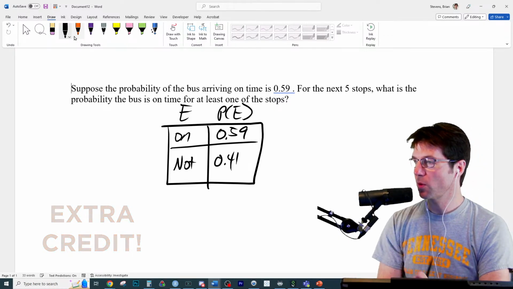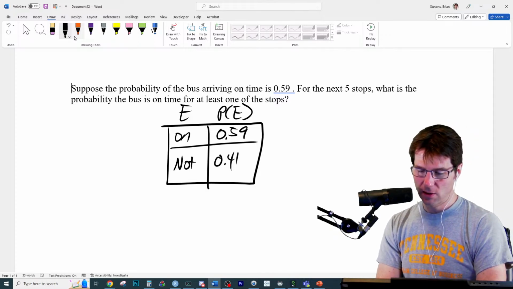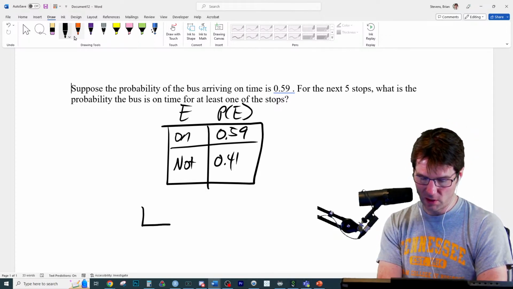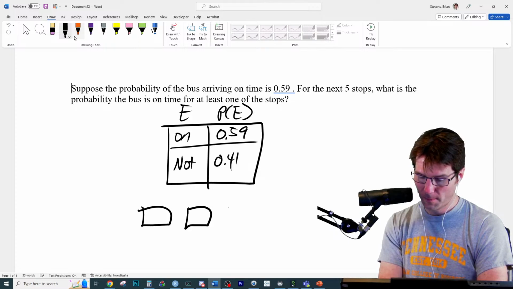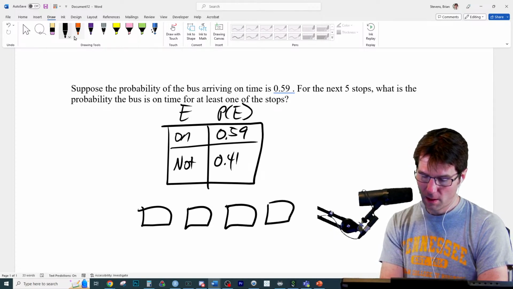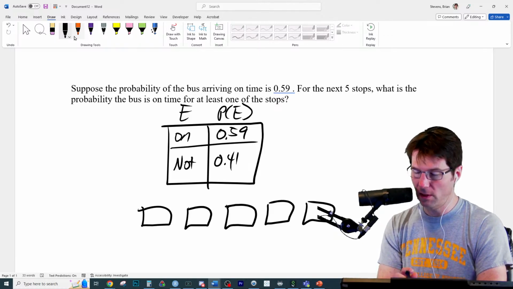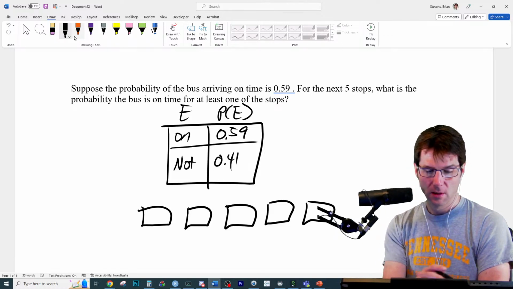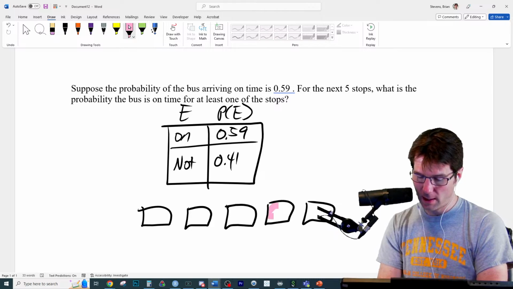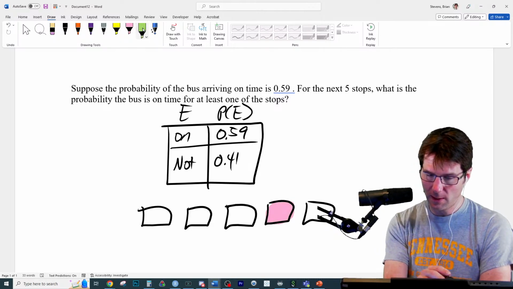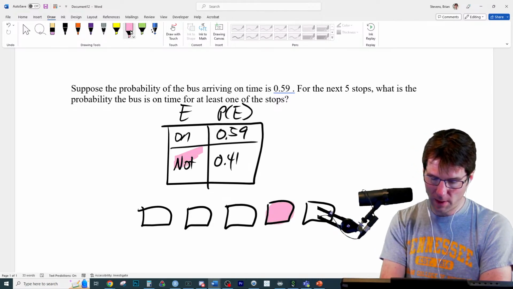And so now we have to write out a sentence. And so when you think about this, we have a bus going to 5 stops. And it says, what is the probability the bus is on time for at least one of the stops? So if we use like a thing right here that it missed the stop, and so we'll do not make right here.